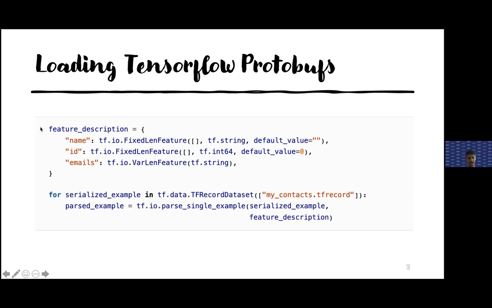So here, when you're loading, you're describing your features. You can have a fixed length feature, a variable length feature, your data types, and then you just parse the example into the protobuf. This is a way so that you don't have to do this manually.